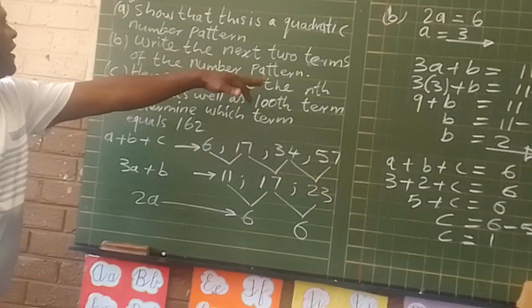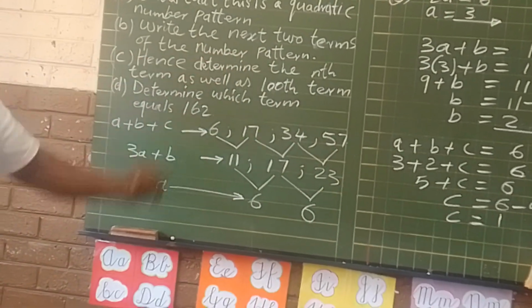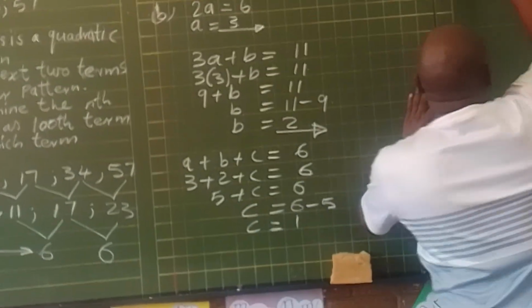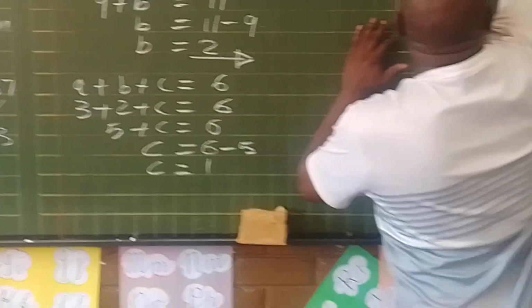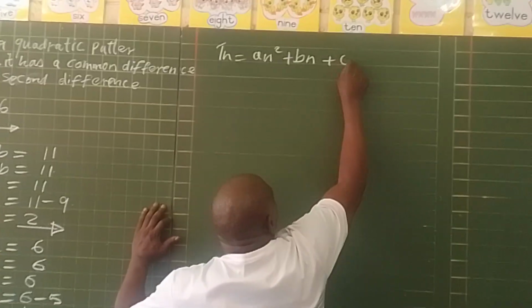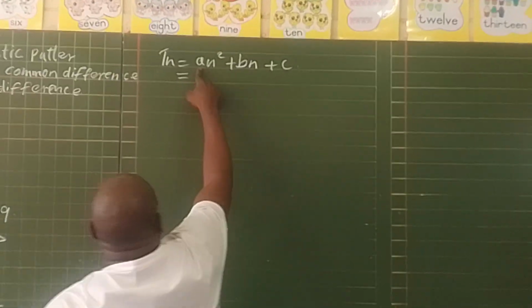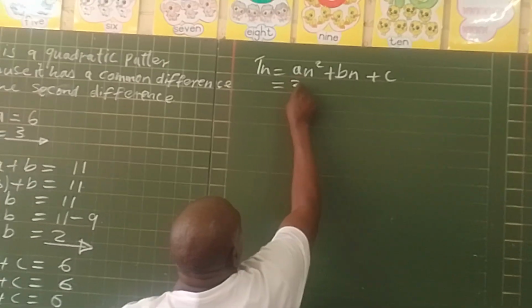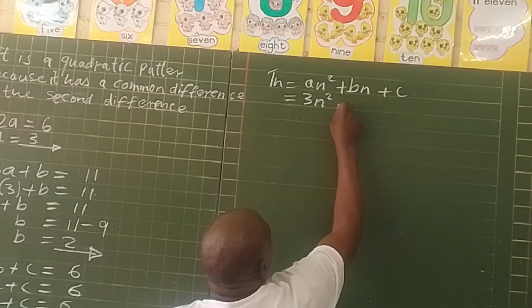Now you can go ahead and find the next two terms of the number pattern. Before you can do that, let's do the general term. The general term goes like so. Tn equals an squared plus bn plus c. You plug in your a, you find a as 3n squared.